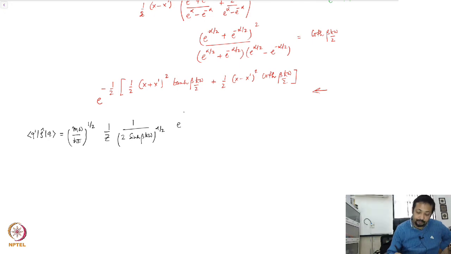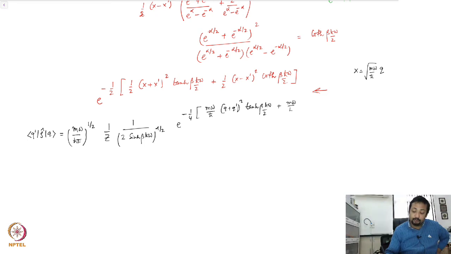And then I have e to the power half factor I can bring out. The exponential is going to give me minus 1/4. x was square root of m omega over h bar times q, so that x prime becomes the same with q prime. This gives (m omega over h bar)(q plus q prime) whole square tanh beta h bar omega by 2, plus (m omega over h bar)(q minus q prime) whole square coth beta h bar omega by 2.